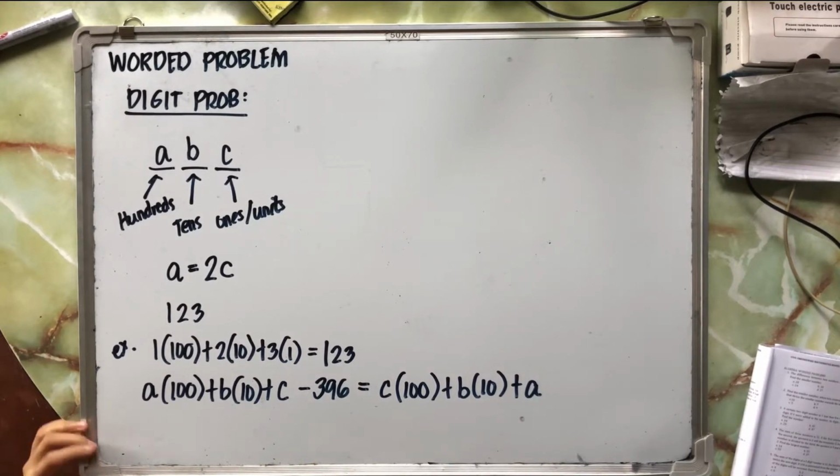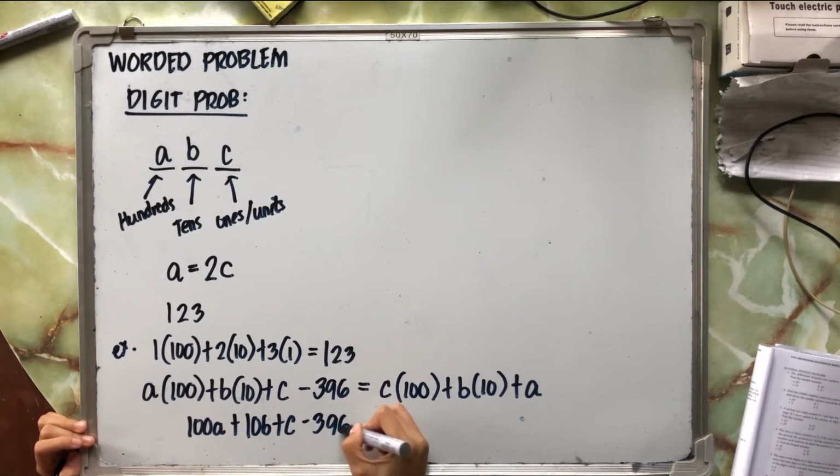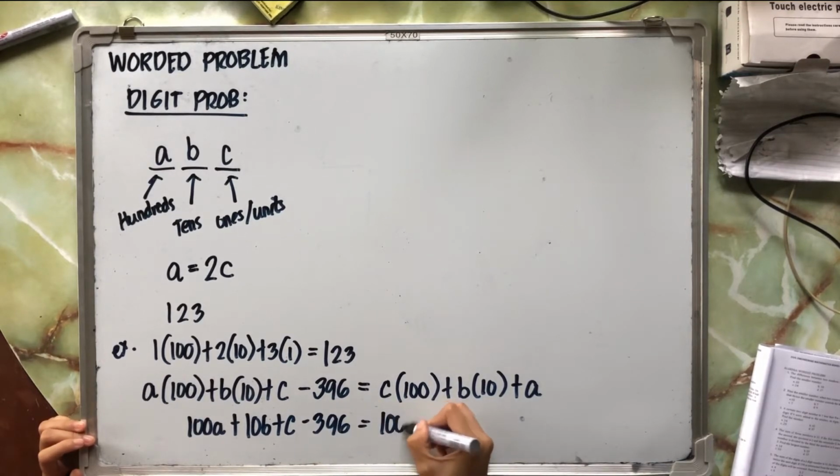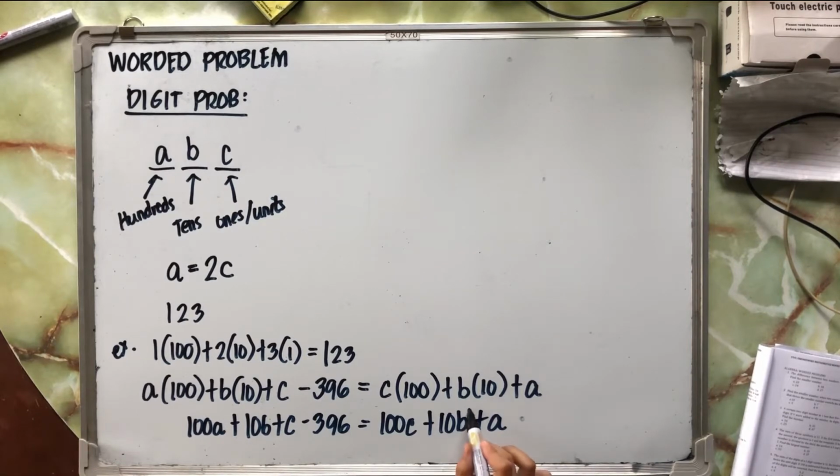Definitely, yes. Okay? So, ano yung equation na mabubuo nito? Simplify natin. We have 100A plus 10B plus C minus 396 equals 100C plus 10B plus A. Tama? Okay. So from this one, makakancel na actually yung 10B kasi pareho siya ang nasa both sides natin.